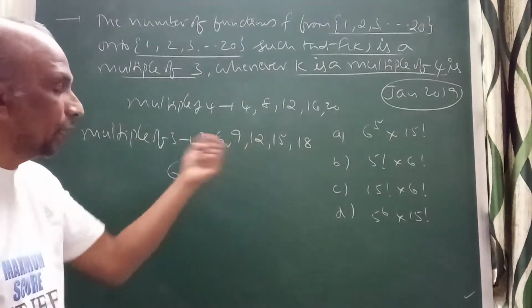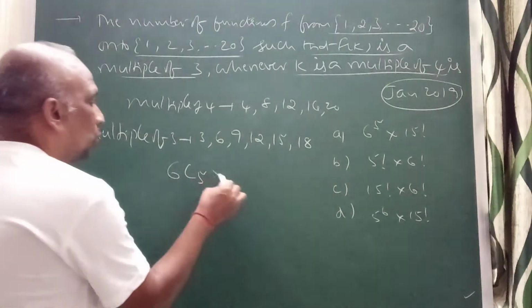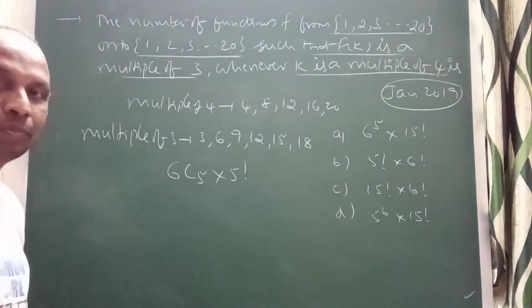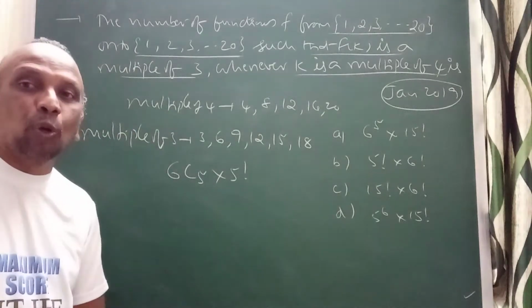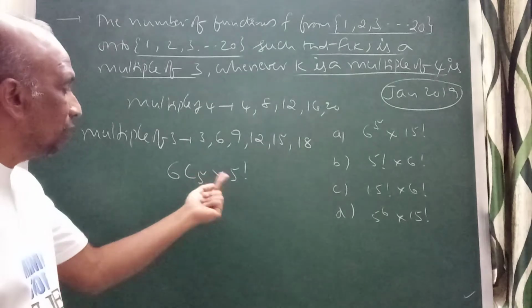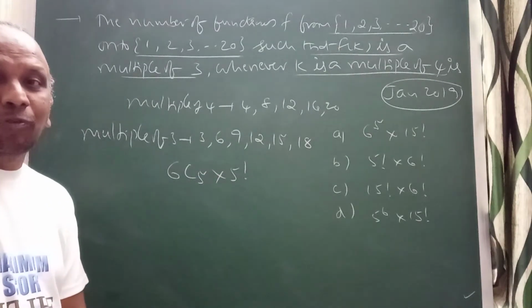Out of 6, you take any 5 elements, you should connect. And these 5 elements we can arrange in 5 factorial ways. So the number of arrangements I am talking about is simply 6C5 into 5 factorial.